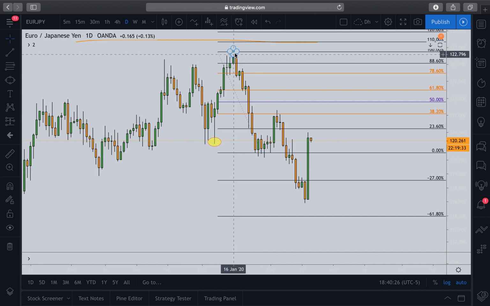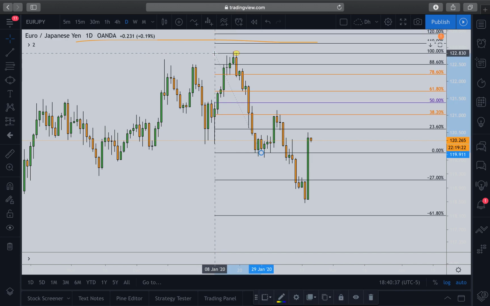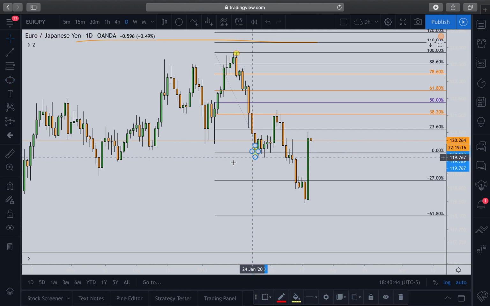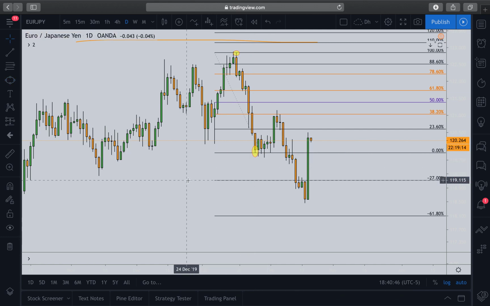Boom. So this would have been, like I said, your point A. I got to redraw this one, but your point A to your point B, right? And what happened? Like we said, 38.2 rejection, and we already know the rest.